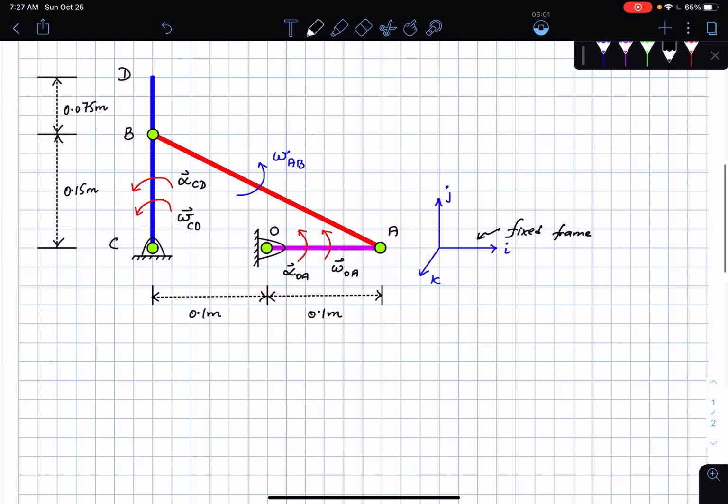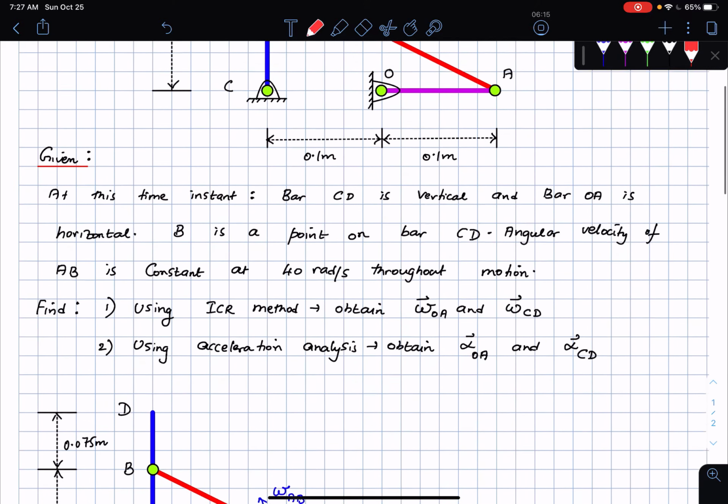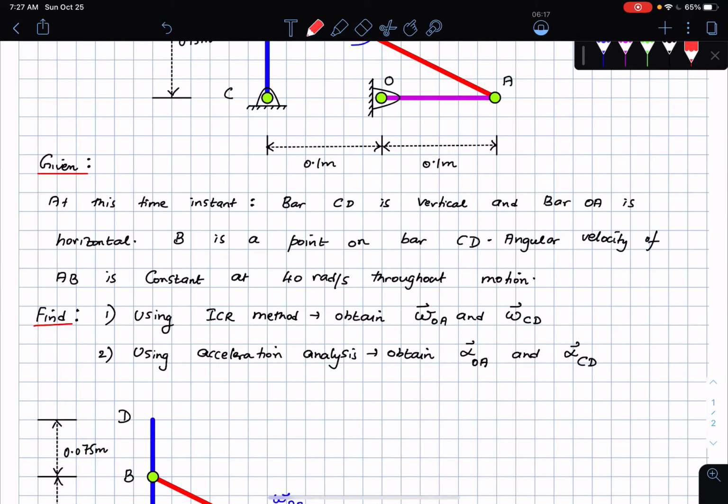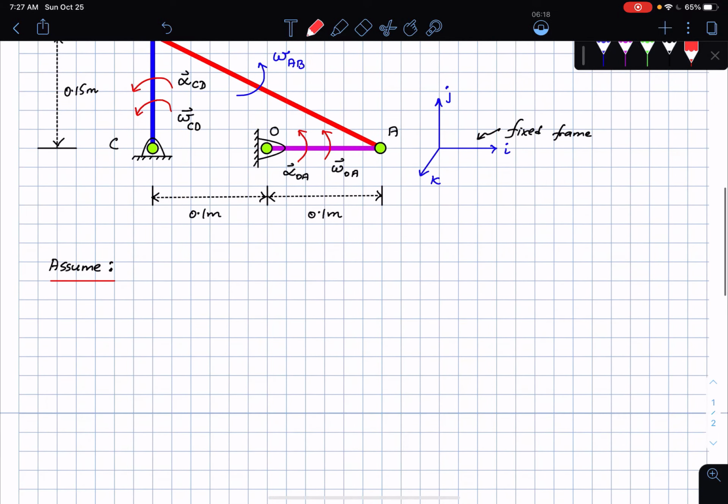So I'm going to assume the following, and we are assuming that the angular velocities, so let me also do one more thing here. I had to underline this using the color scheme that was following.